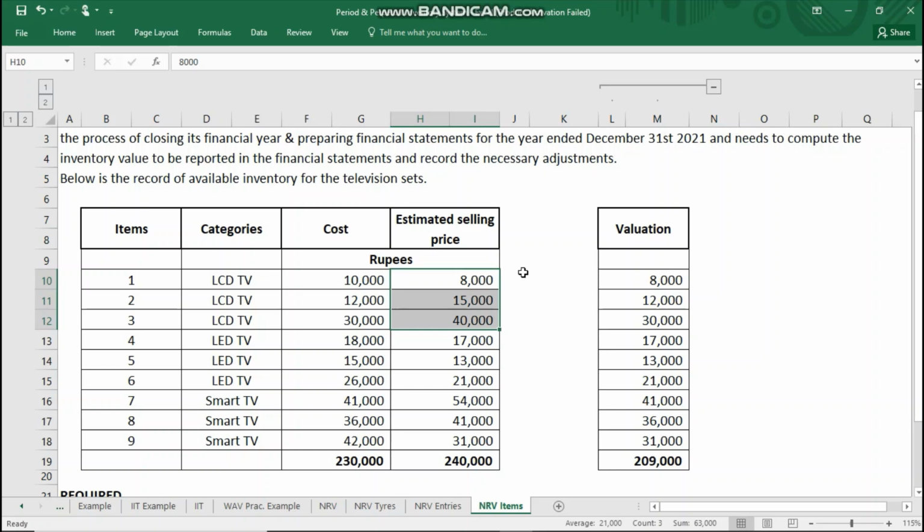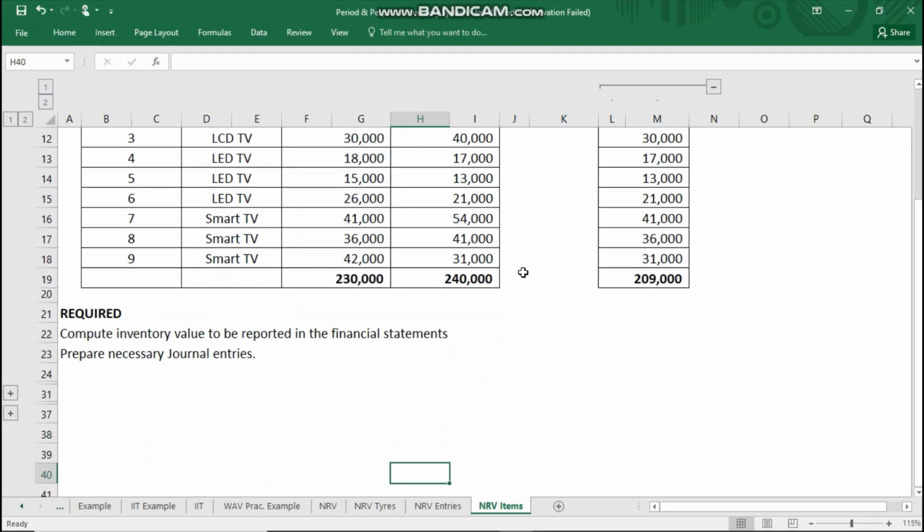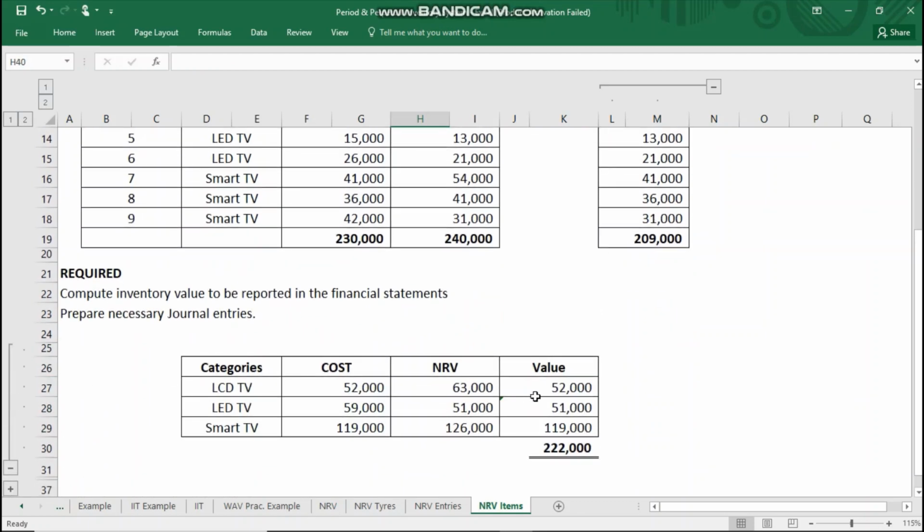I will explain this through the computation. The answer is we cannot do this computation at category level because it does not give me a realistic picture of my inventory value, and I will show it with the computation. I have done this computation here just to show you why it does not give me a realistic picture.